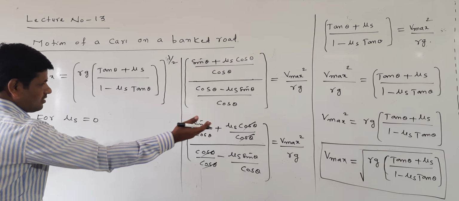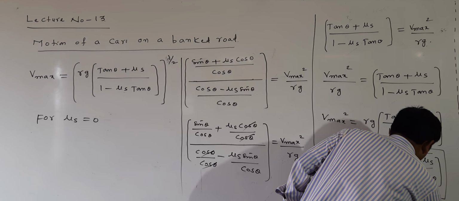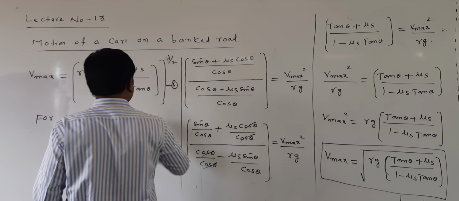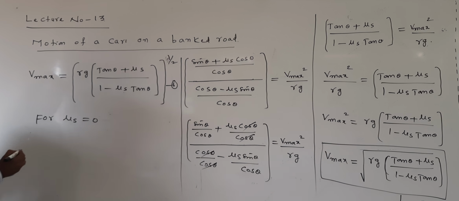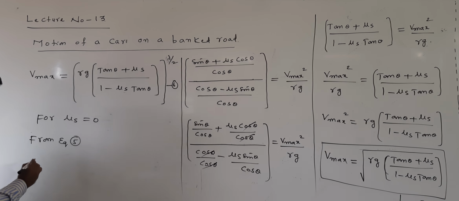When the coefficient of friction is 0, we substitute it in the equation. Equation 4 is already completed; this is equation number 5, and this is equation 6. Now we substitute in equation 5, mu s is equal to 0.